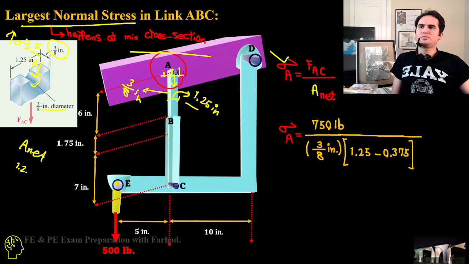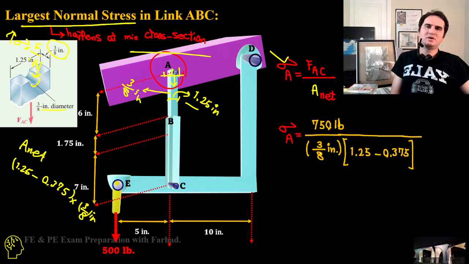So that's 1.5 minus 3/8, which is 1.125, times the thickness of 3/8 inches.